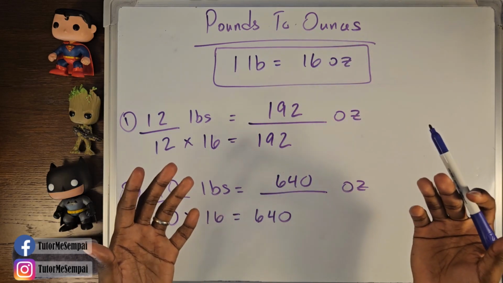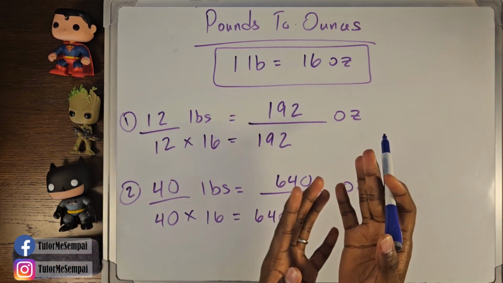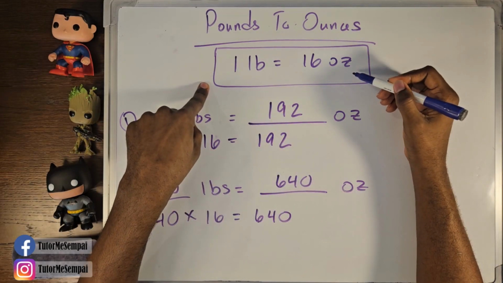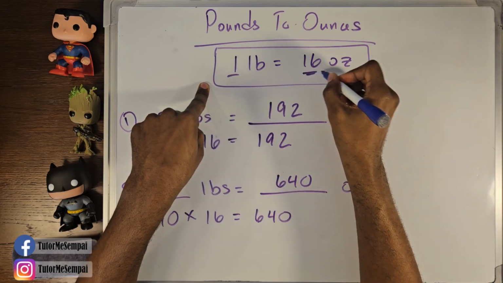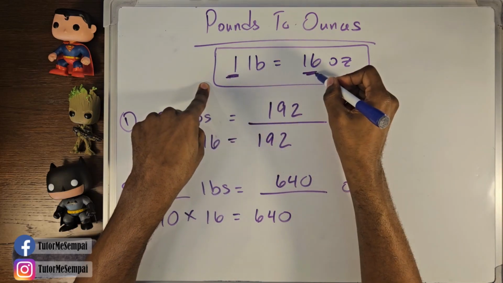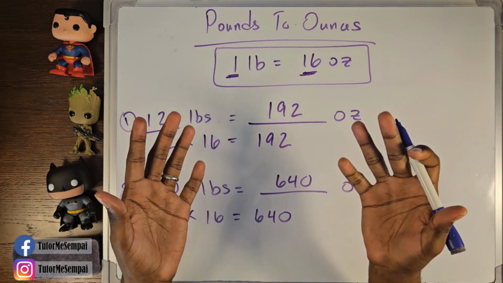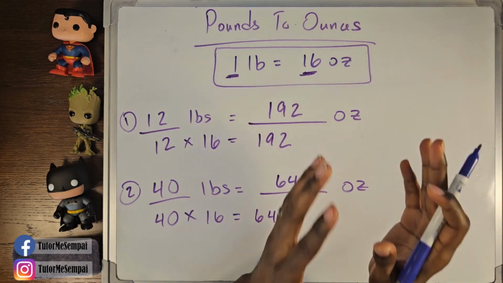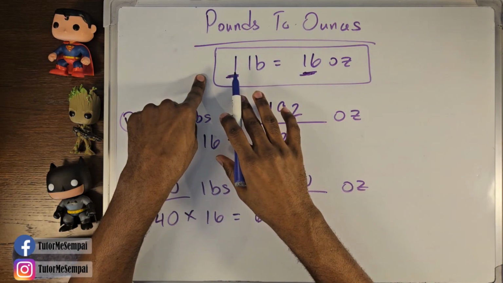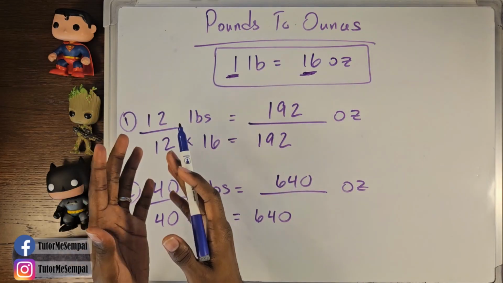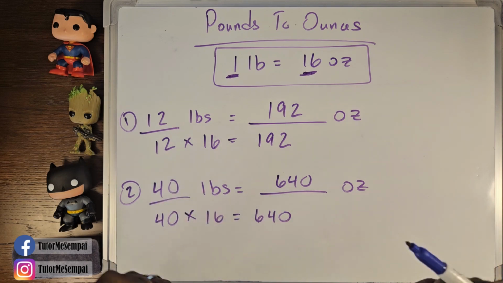But how do you remember which one to do in which case? How do you know when to multiply and when to divide? Well, you can look at your basic unit conversion and get that shortcut, or that reminder. Look at the numbers here. We have a 1 and we have a 16. Now, which one's bigger? 16 is bigger. It's a bigger number than 1. So you can think about it this way. When we're converting from pounds to ounces, the number attached to the unit should be bigger.